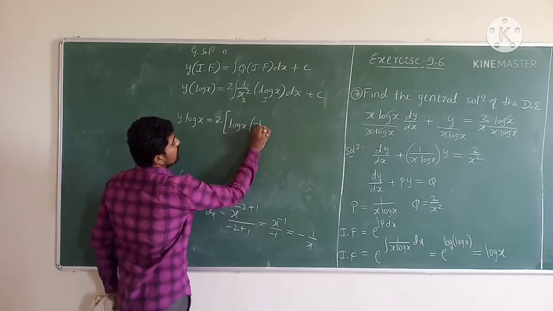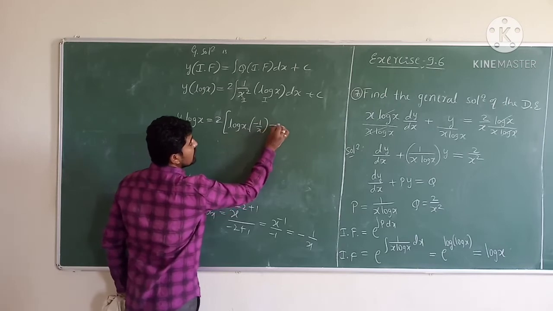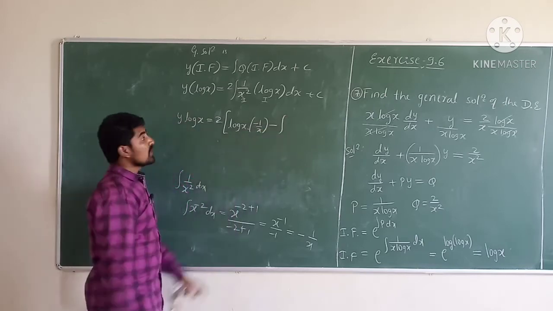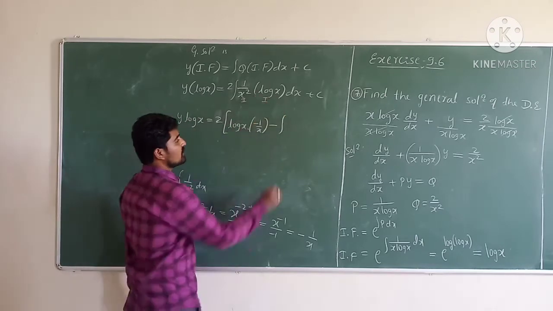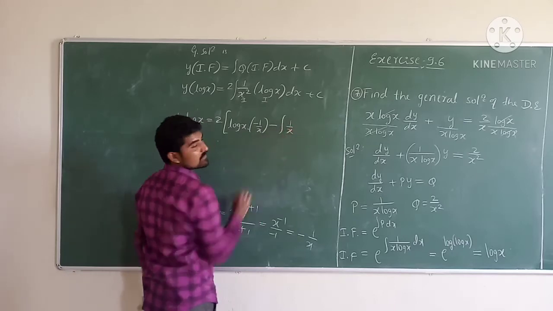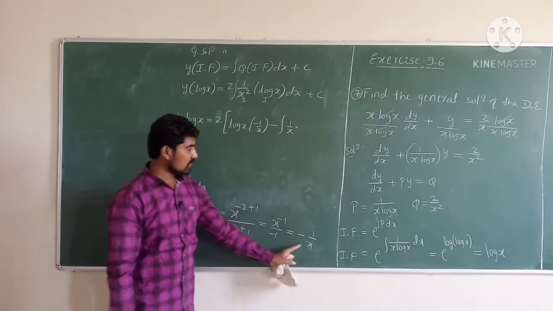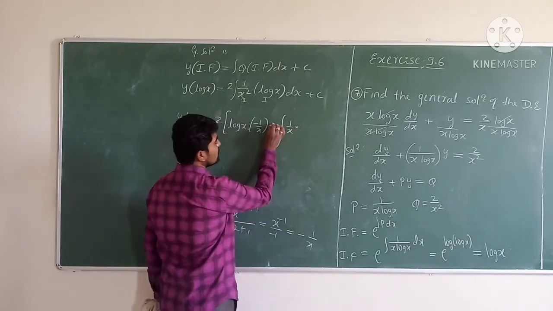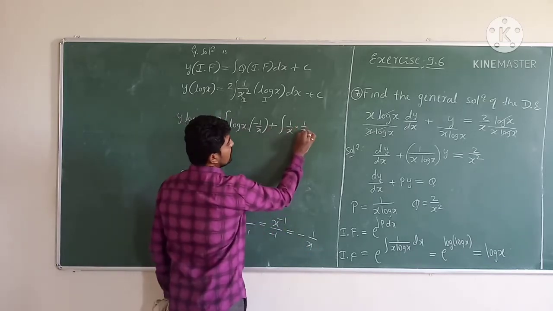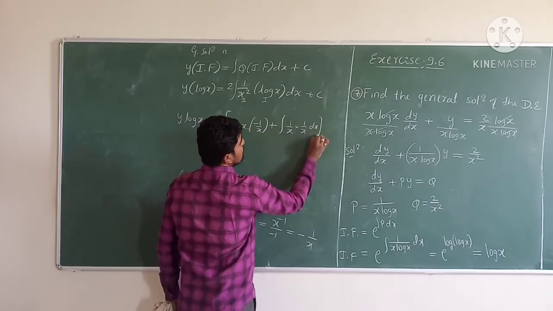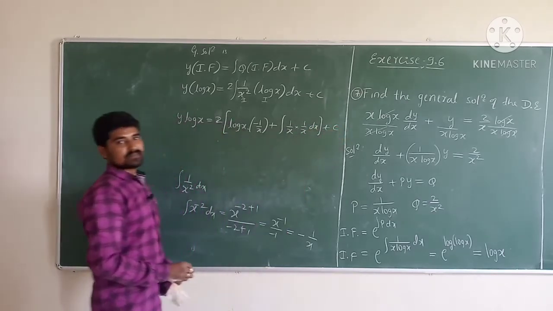Therefore, the integration of the second function is minus 1 by x. Minus integration of differentiation of first function, differentiation of log x is 1 by x, into integration of second function minus 1 by x, minus into minus plus 1 by x with respect to x, plus integral constant c.